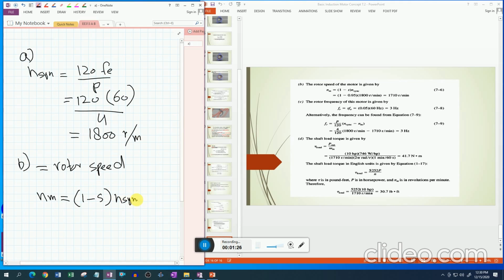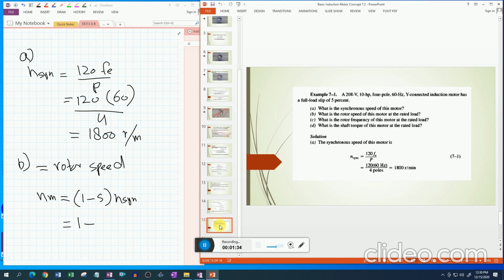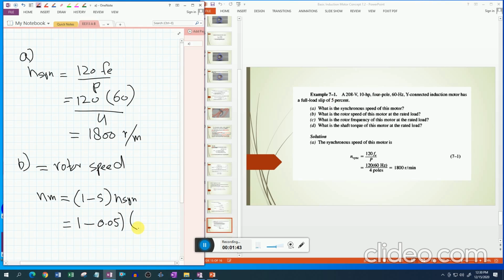This is a formula we already derived. Slip is here 5%, so (1 minus 0.05) times n synchronous, which we already calculated is 1800.